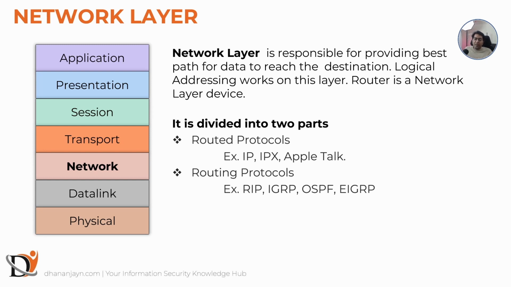So to give you a broader understanding, this might seem a little complex to you guys, but one thing I would like to tell you in the simplest way is that routing protocols define the best path. So the purpose of routing protocols is to establish the path, right?